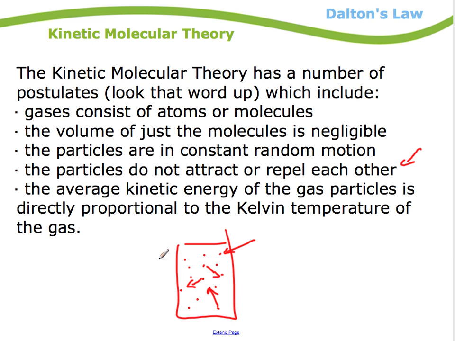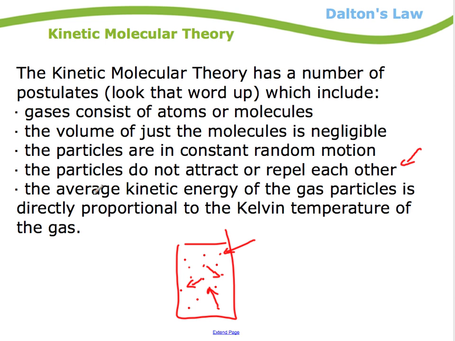I don't know if elastic is the right word, but when they hit, they don't affect the other one. They won't change the energy of the other molecule. So they don't attract or repel each other, and the average kinetic energy of the gas particles is directly proportional to the Kelvin temperature of the gas.